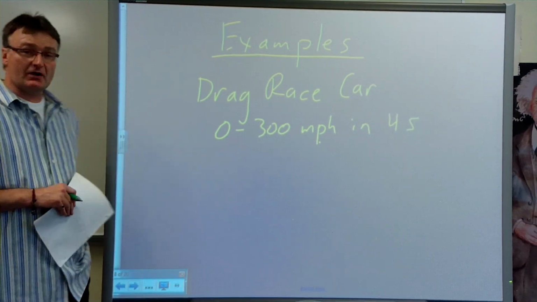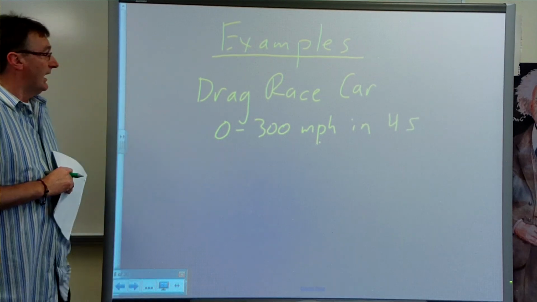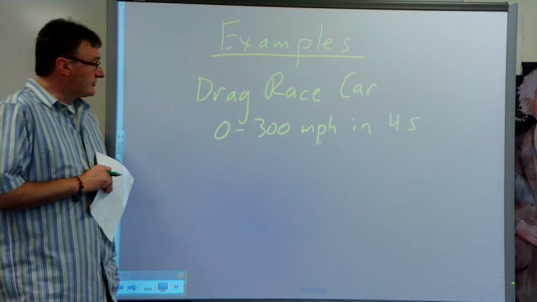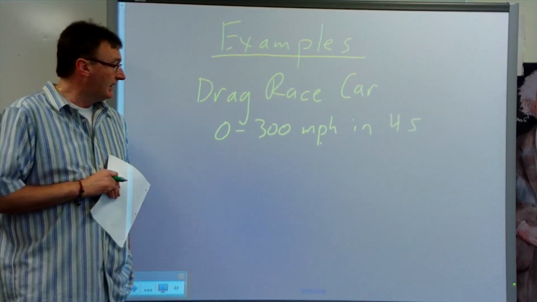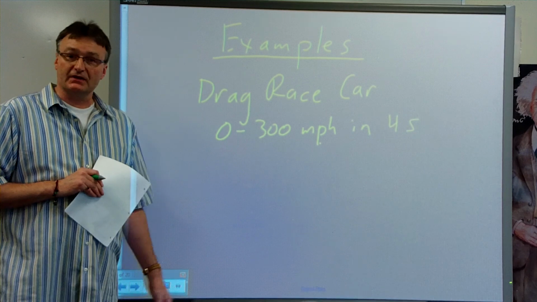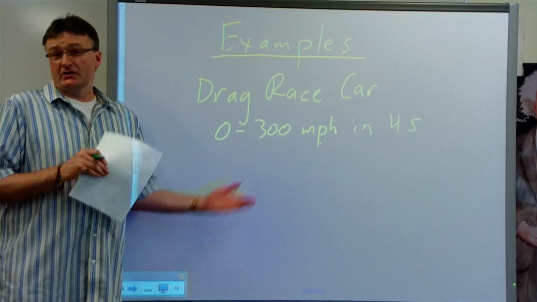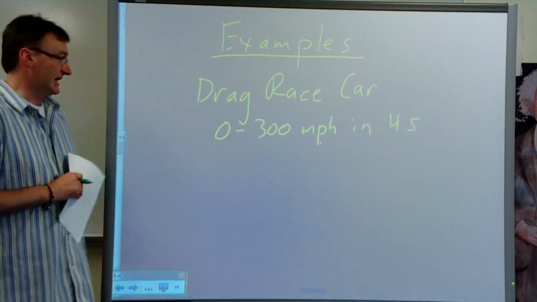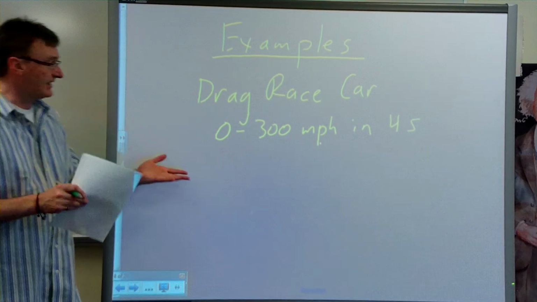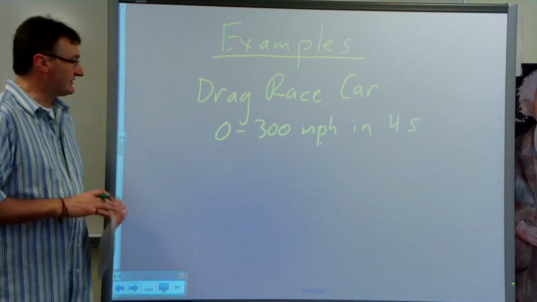With a drag race car, you're talking some serious acceleration here, where drag race cars are known to go from 0 to 300 miles per hour in less than 4 seconds in a quarter mile. And that's some serious acceleration. As you know, I'm a big race car fan, and so naturally I'm going to use this kind of an example. But yeah, drag race cars, lots of acceleration, 0 to 300 in less than 4 seconds in a quarter mile.